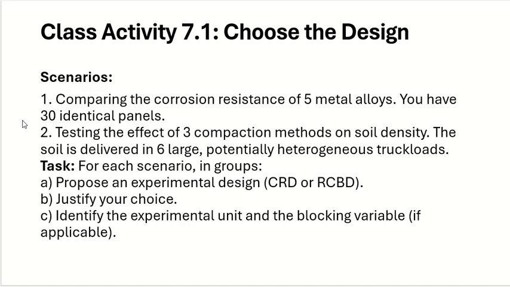Testing the effect of 3 compaction methods on soil density. The soil is delivered in 6 large, potentially heterogeneous truckloads. So 6 batches basically, which can be different. It's a source of variation. I'm not sure, but I cannot ignore it, because there's a potential that each truckload is different from the other. So which one?